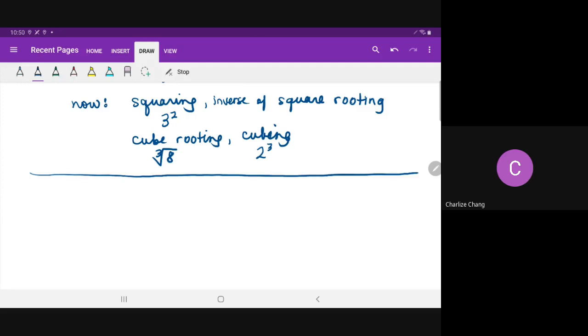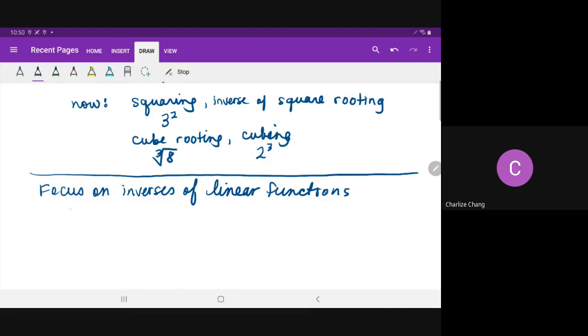Today we're going to focus on inverses of linear functions, and another day we'll do square roots and cube roots next week.